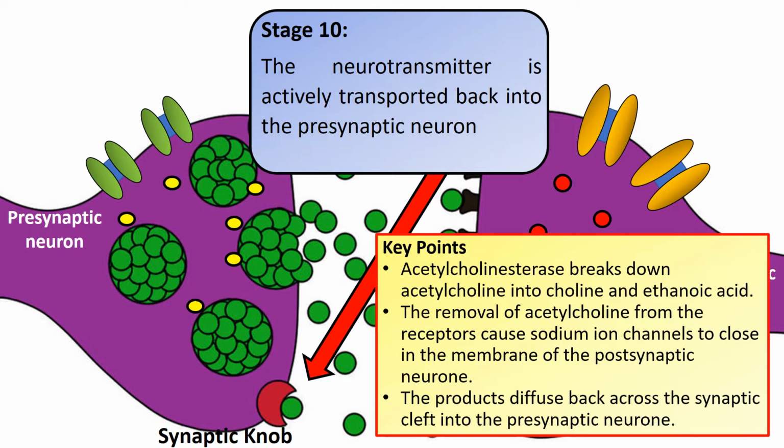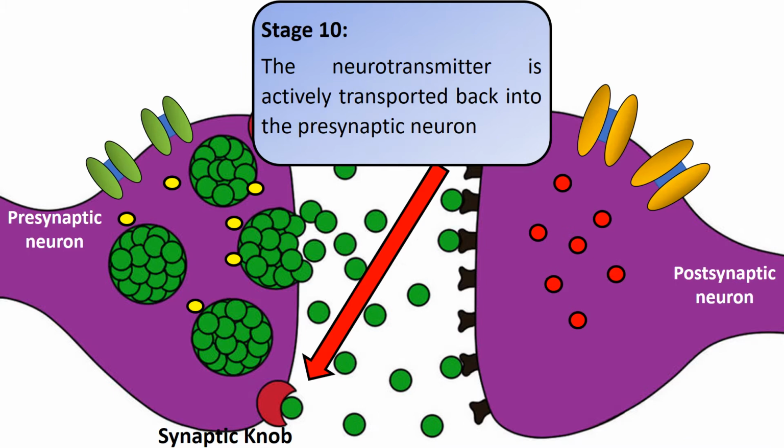This is then removed from the sodium channels in the postsynaptic neuron, and the products diffuse back across the synaptic cleft to the presynaptic neuron.